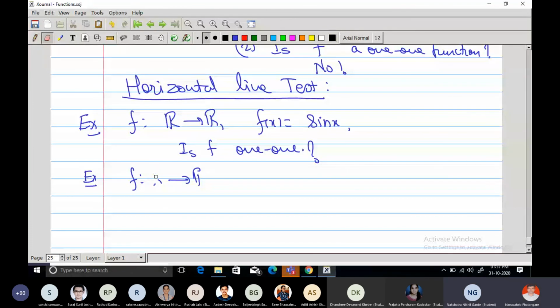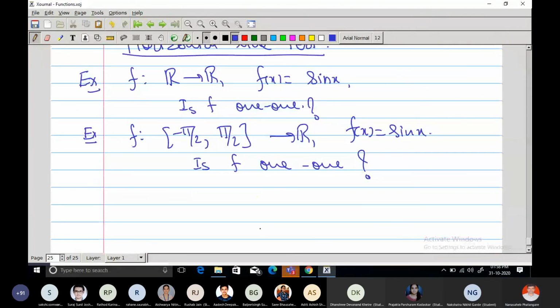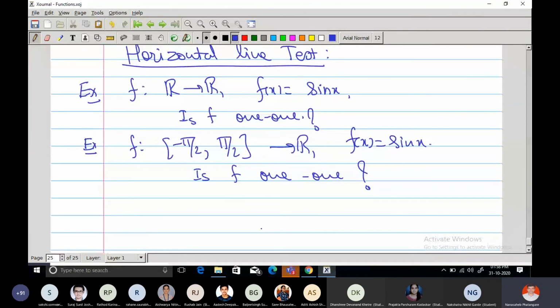So sine is not 1-1, but you can look at the function from minus pi by 2 to pi by 2. Same function. Now is f 1-1? Yes. You think about this. So this is 1-1.